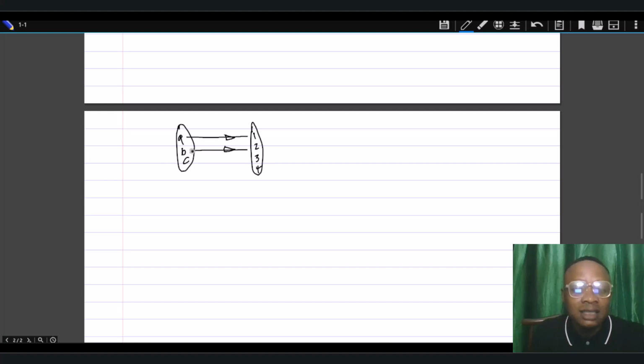Because there is an element here that is not associated with anything, this is not a function. For it to be a function, every element here has to be associated with only one element here. That is what makes it a function. That is what differentiates it from other kinds of mappings. So that idea is very, very important.